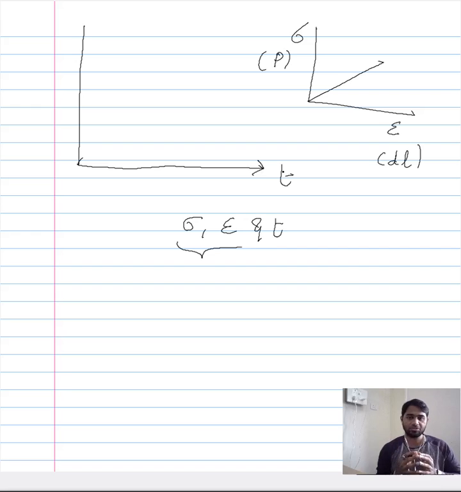In the previous lectures we saw that when you want to represent anelastic behavior, that is time dependent creep-like behavior in the elastic region, we chose strain because strain is something that is visible to us, and it was easy for us to understand what an anelastic behavior is.